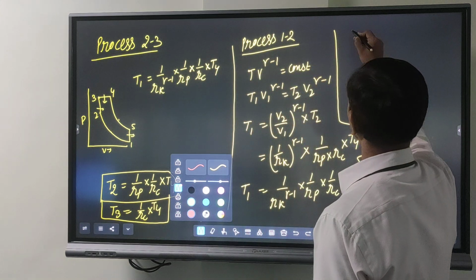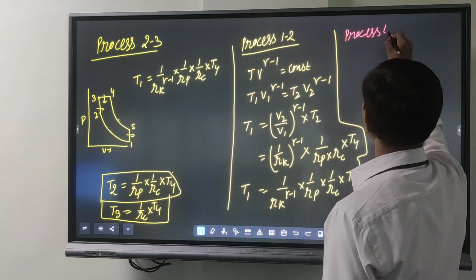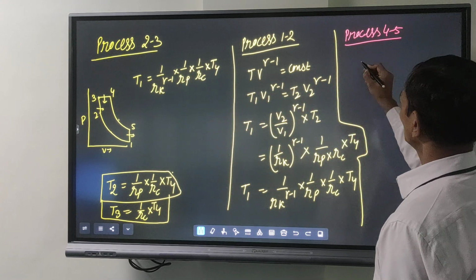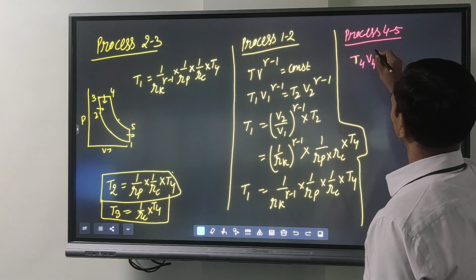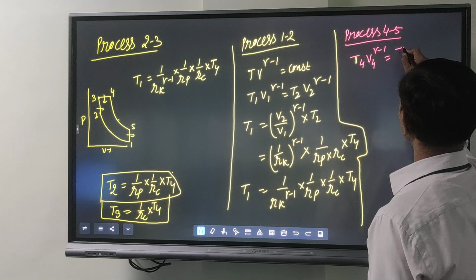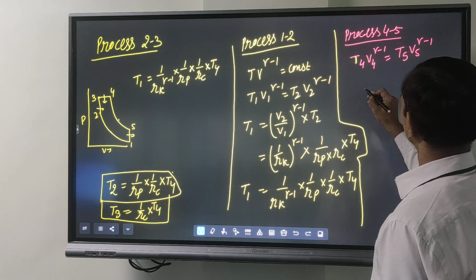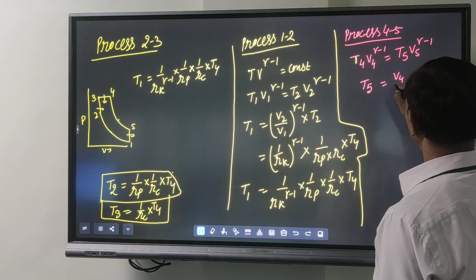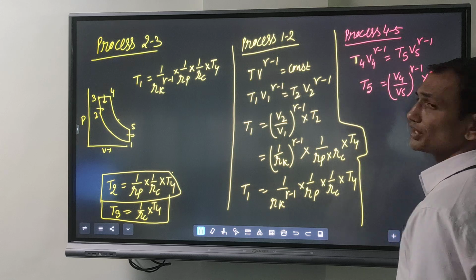Now in process 4 to 5, isentropic once again. So T4 V4 to the power gamma minus 1 is equal to T5 V5 to the power gamma minus 1, and here we find the value of T5, which is equal to (V4 by V5) to the power gamma minus 1 into T4.